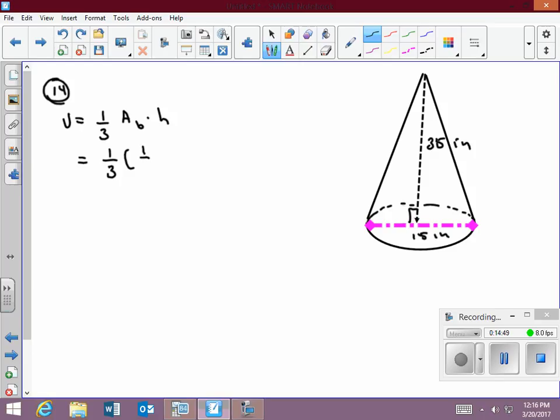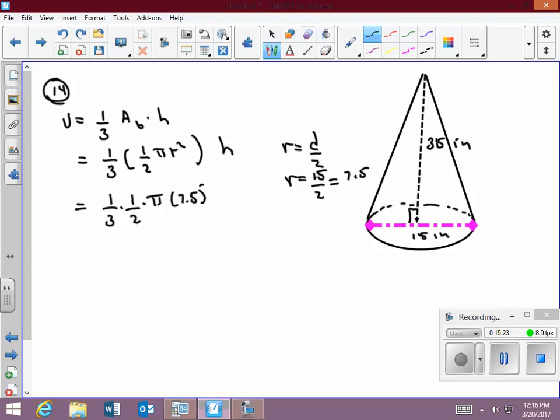Area of the base is pi r squared, and then times that height. Well, r is equal to the diameter over 2, so r is going to equal 15 over 2. We can put in with accuracy 7.5. So 1/3 times pi times 7.5 squared times 35.